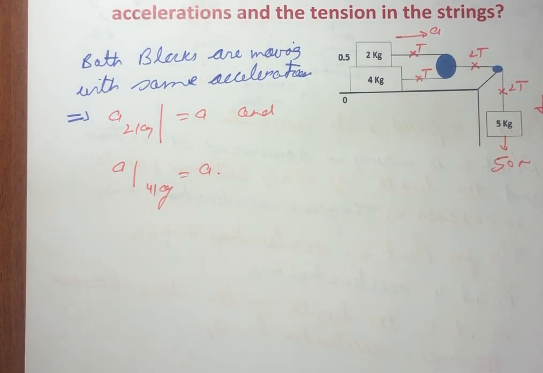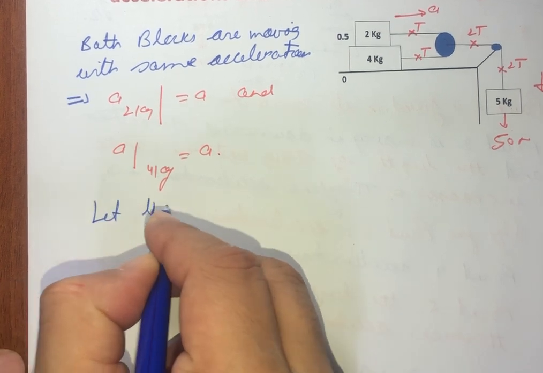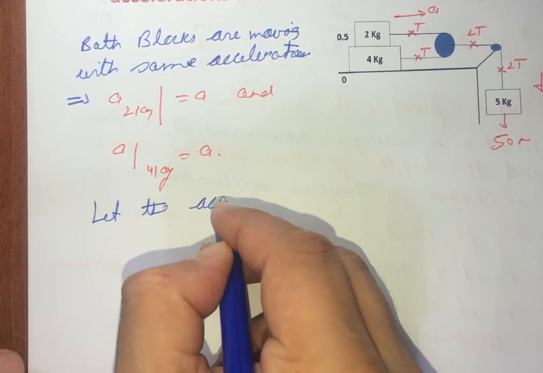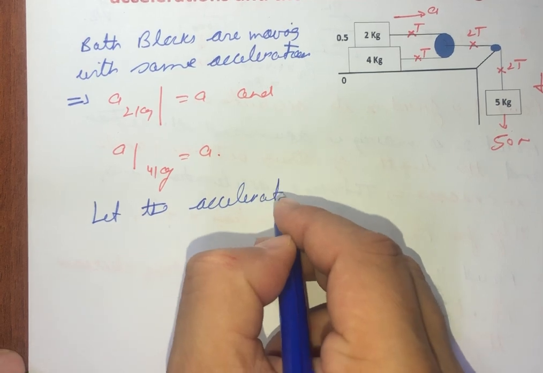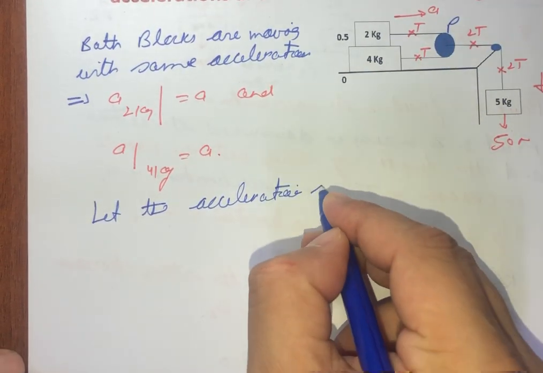So from here we can find out the acceleration of the pulley. Let us call this pulley P, and let the acceleration of pulley P be AP.